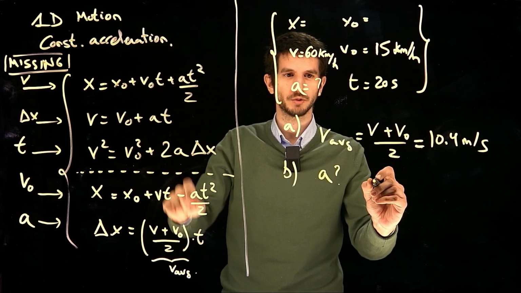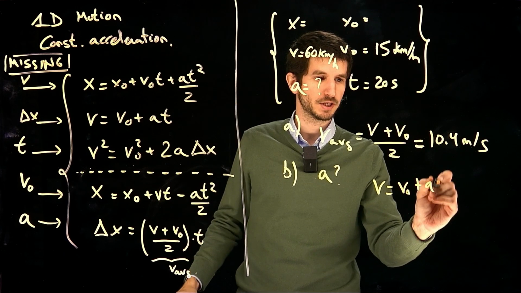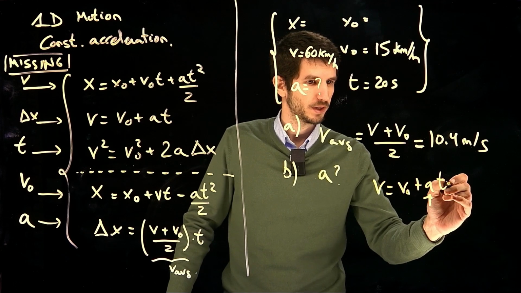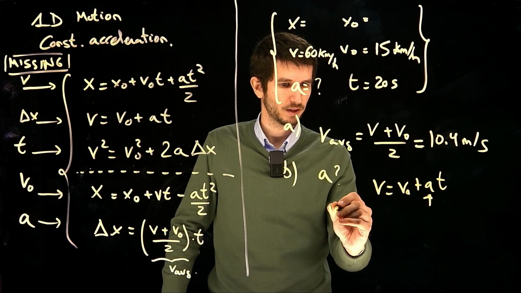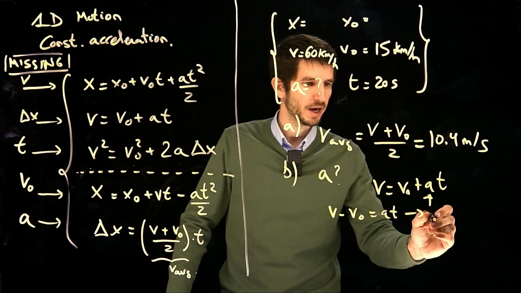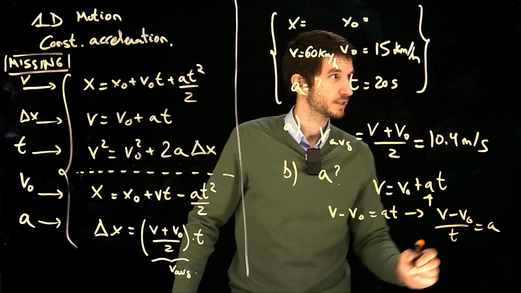Then we get the equation and we write down v equals v sub 0 plus a times t. And we want to solve for acceleration, therefore v sub 0 goes there, and then we have at, and then finally t goes dividing, therefore we're going to find v minus v sub 0 divided by t is equal to the acceleration.